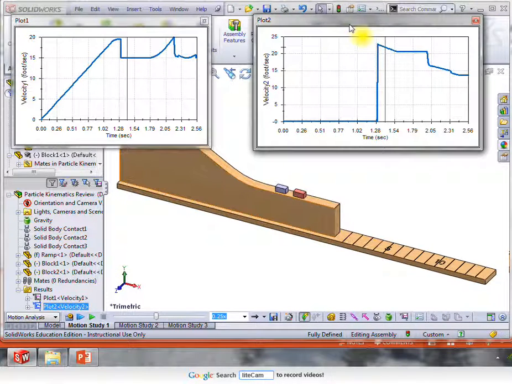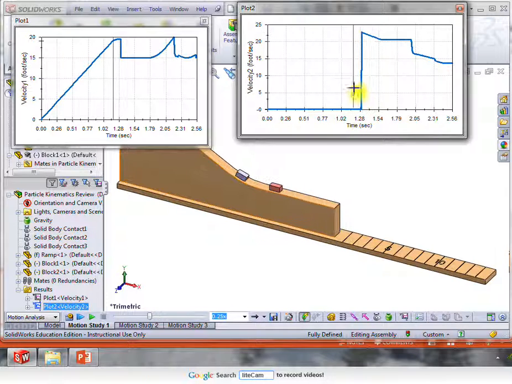Block B shows again it being at rest until right at the collision here. You see about 22 feet per second, and that drops by not a whole lot, but a couple of feet per second before it flies off into space here.